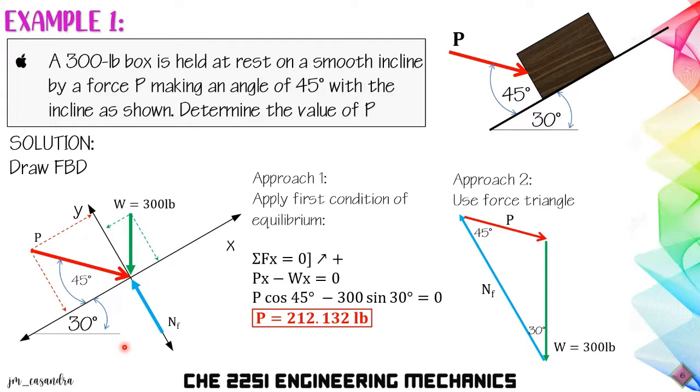From here, we can apply the sine law, in which P over sine 30 is equal to 300 pounds over sine 45, which also gives us a value of P equal to 212.132 pounds. So either approach will give us the same value.